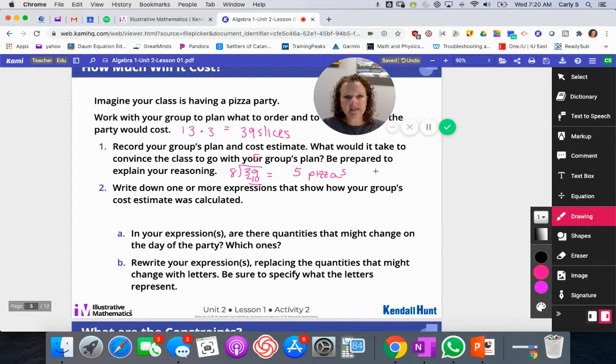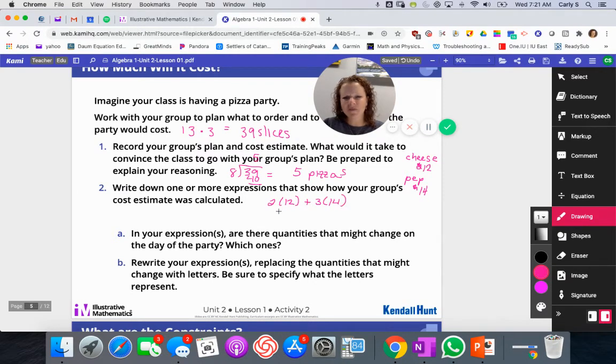How much do you think a large pizza is? Let's say cheese pizza is $12 and pepperoni pizza is $14. Let's do 2 cheese plus 3 pepperoni.